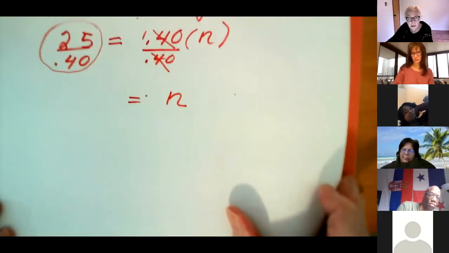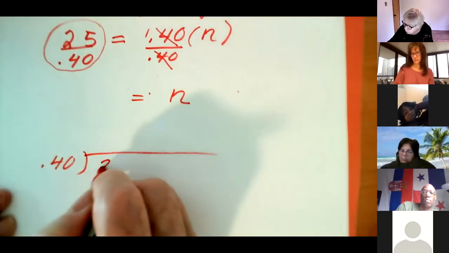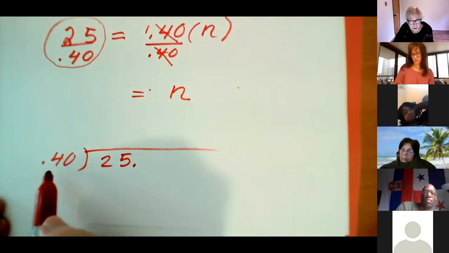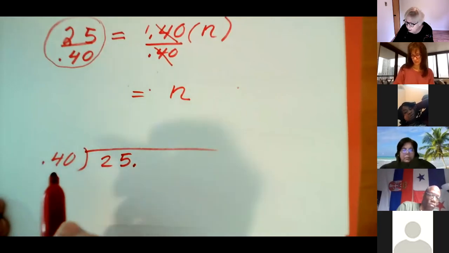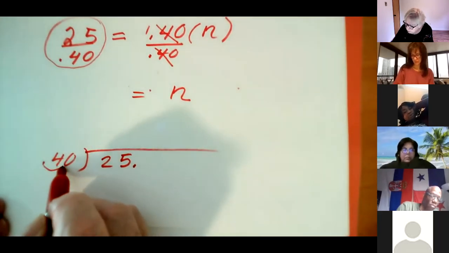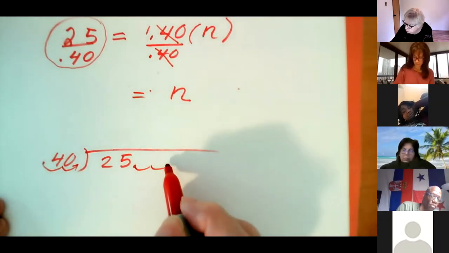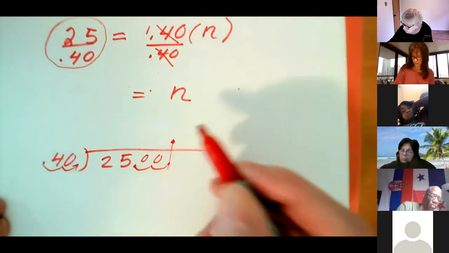So I'm dividing by 0.40, which is on the outside, into 25. If you recall, we didn't like decimals in the divisor, and so we would move this over, and I'm going to move it over 2 and move this over 2 and bring this up.